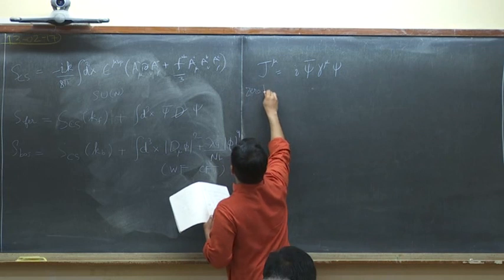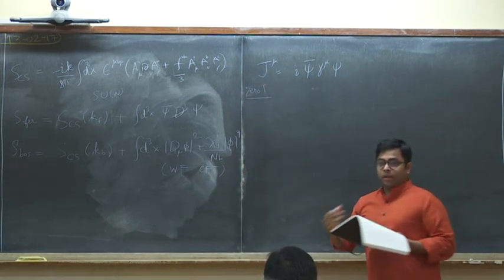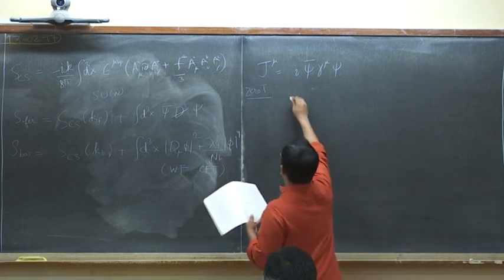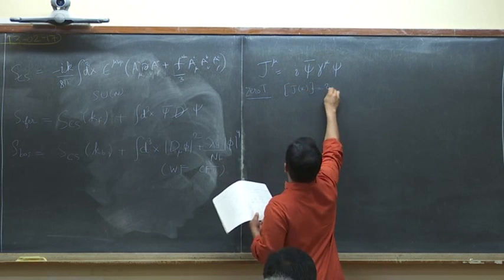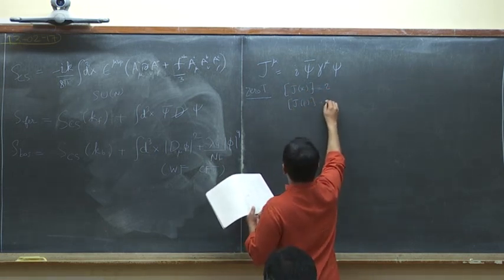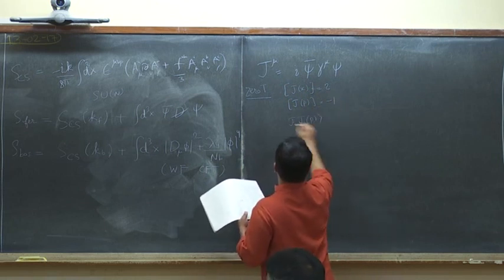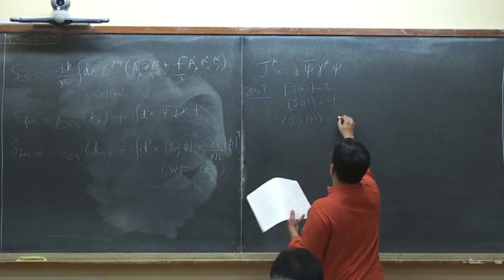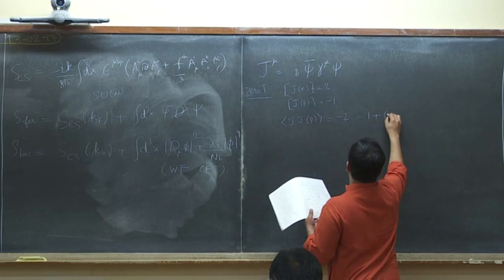At zero temperature, the J 2-point function has some Lorentz invariant structure, which we can write down. Just to make sure, the energy dimension of J in position space is 2, of J in momentum space is -1. So when we write the JJ correlator in momentum space, it has dimension -2, which is like 1 plus -3.